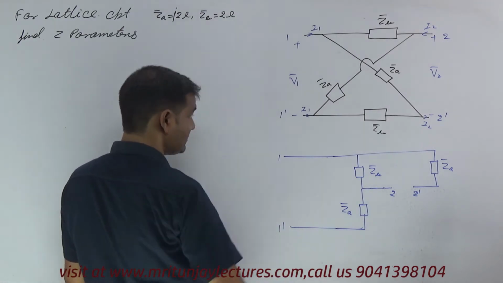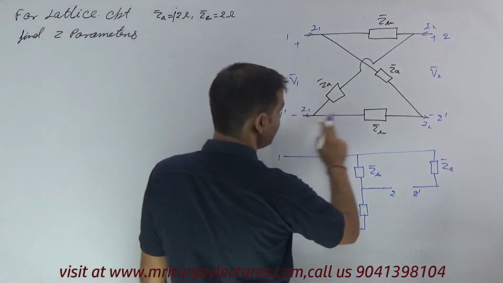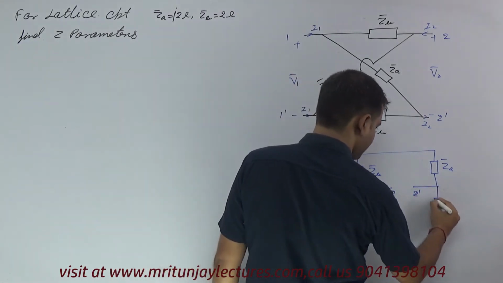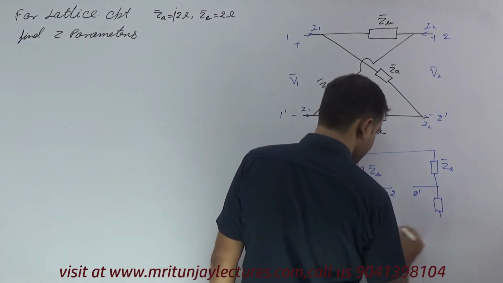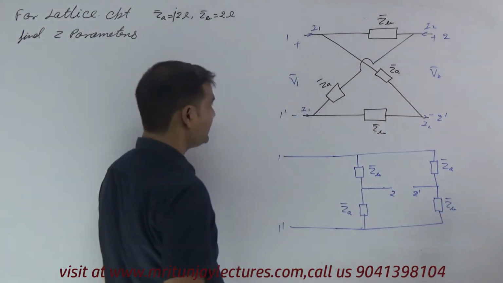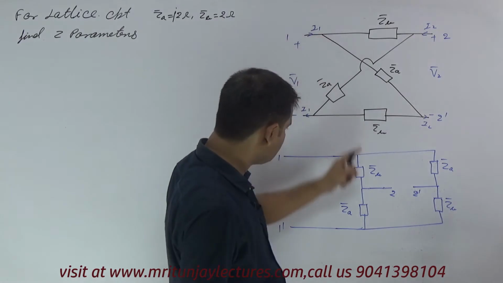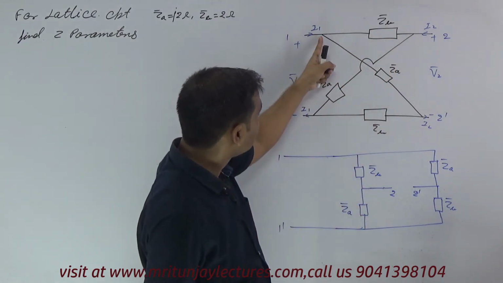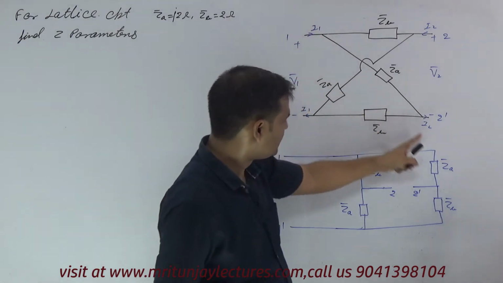And now the last one, 1 dash connected to 2 dash, and that is ZB. Very clear? Very simple. 1 connected to 2 is ZB, 1 connected to 2 dash is ZA.